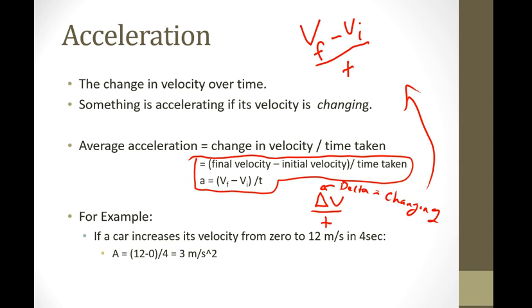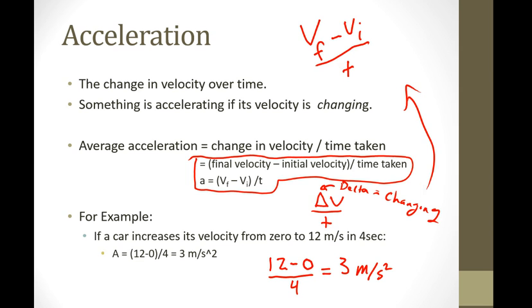So for instance, if a car increases its velocity from 0 to 12 meters per second in 4 seconds, my final velocity is 12. My initial velocity, I started at a stop, so that was 0. And it took me 4 seconds to do. 12 minus 0 is still 12, divided by 4. And we figure out that our acceleration is going to be 3 meters per second squared.